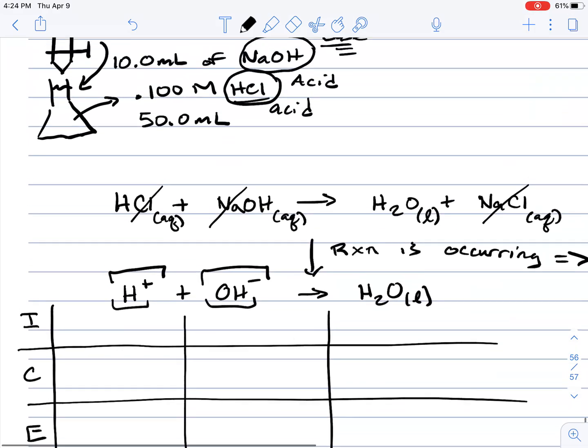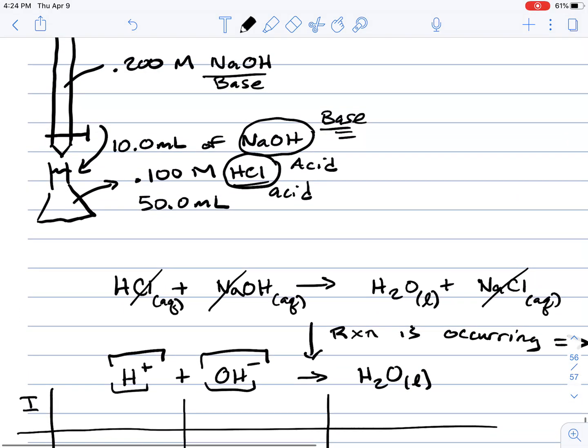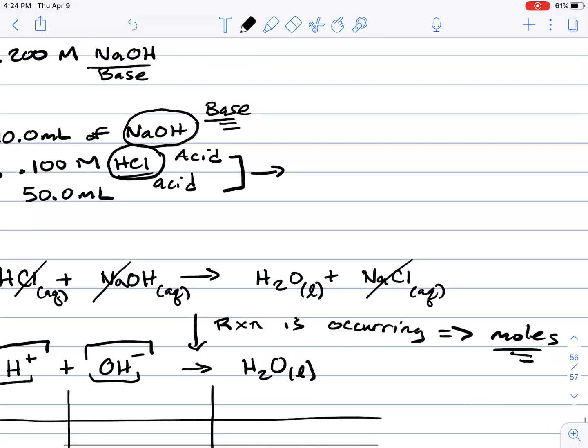And so for hydrogen ion, I have the concentration and I have the volume. And so I'm going to take this volume and multiply it by the concentration, but I need to convert milliliters into liters first. If I do that, I'm moving the decimal place 3 times to the left.